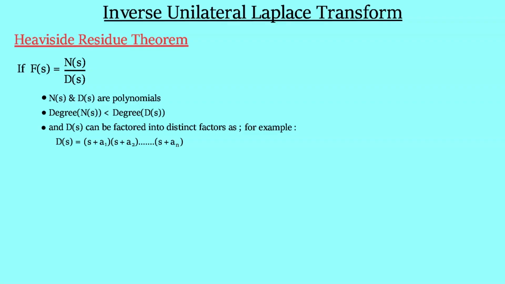If the Laplace transform is in the form of a numerator and denominator, where both are polynomials and the degree of the numerator is smaller than the degree of the denominator, as well as the denominator can be factored into distinct factors, there can be different cases of the factorization of the denominator, which we will discuss, like the one which is shown, where all the poles appear only once, which are also referred to as simple poles.